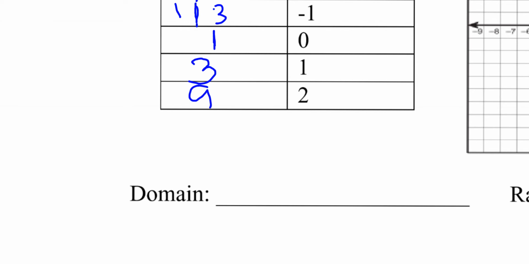And then we'll draw our line. And there's our graph. And again, the domain and range is opposite of an exponential function, so our domain is 0 to infinity, and our range is negative infinity to infinity.